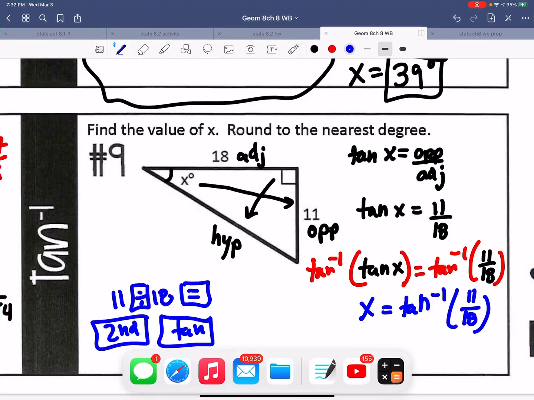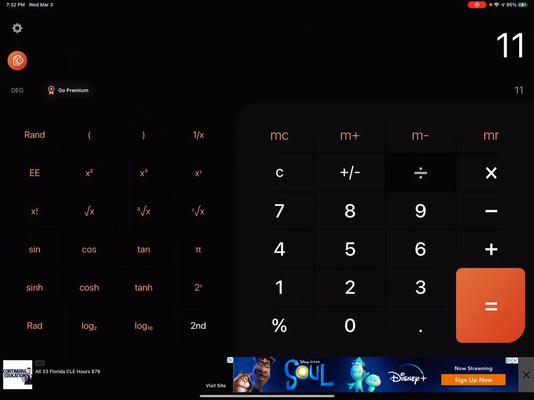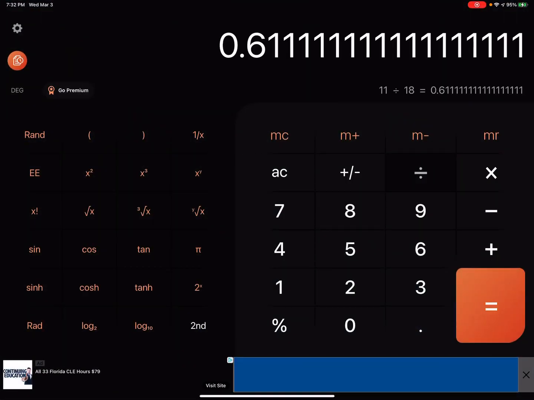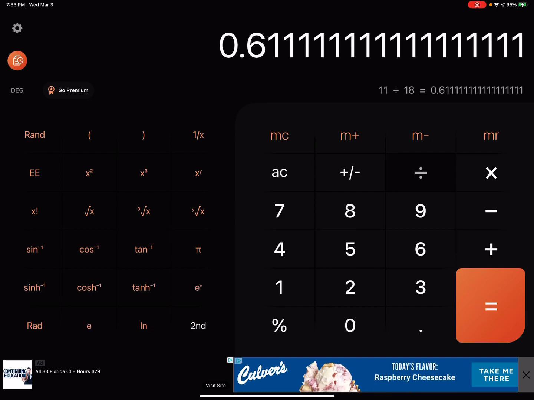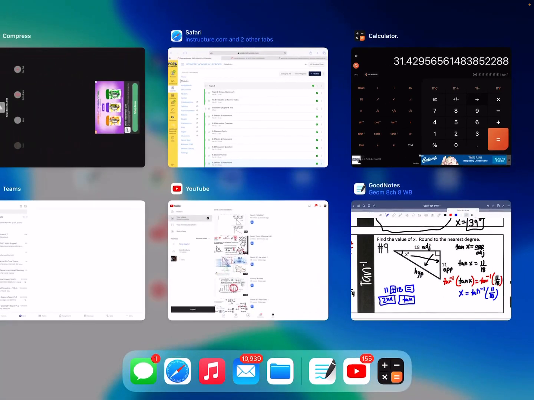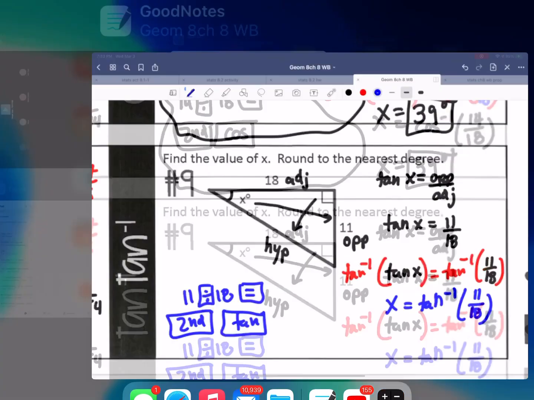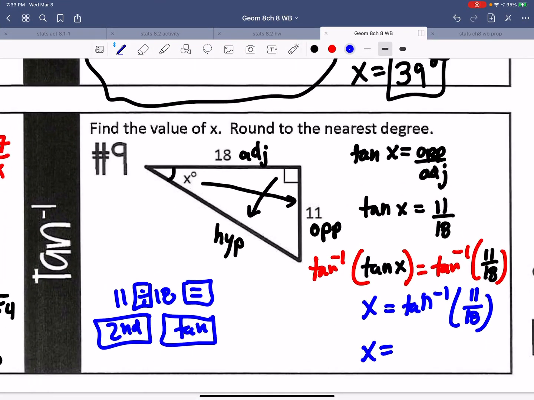Okay, so let's do just that. 11 divided by 18 equals, second tangent, 31. We're going to round to the nearest degree, so I get 31 degrees.